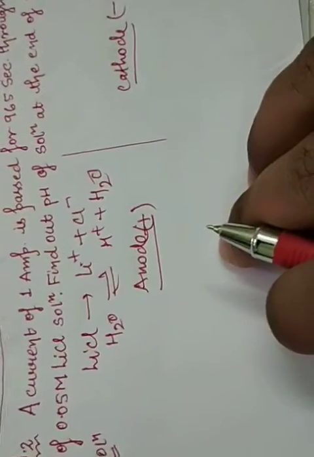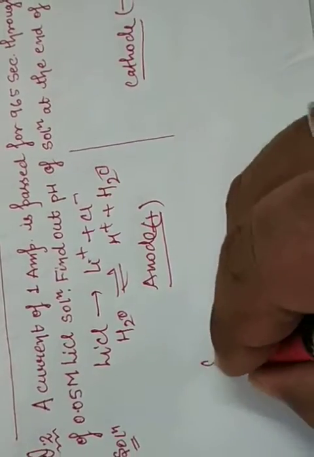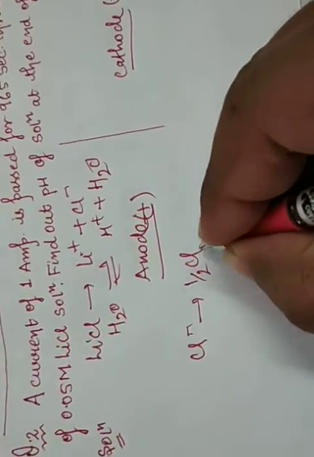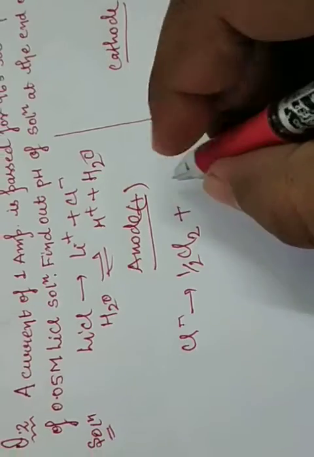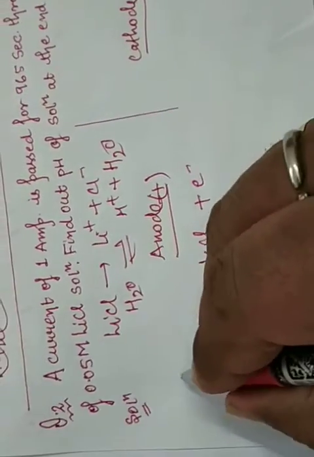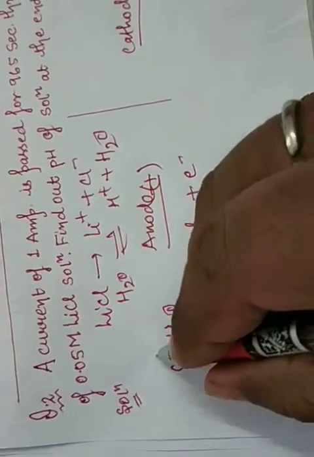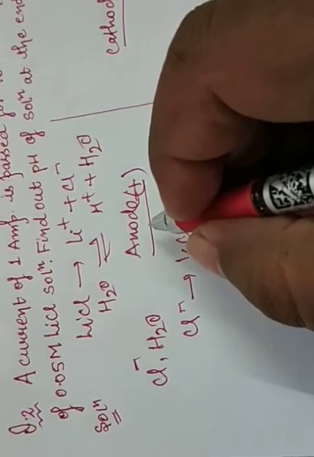The anode attracts negative charge, so Cl minus is converted into half Cl2 plus 1 electron. In this case there is chlorine, and water is given.